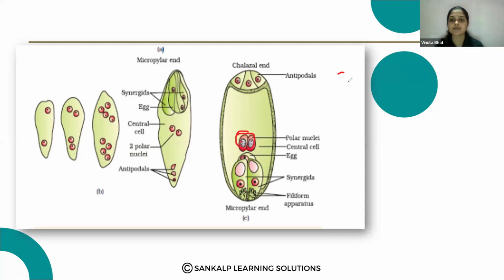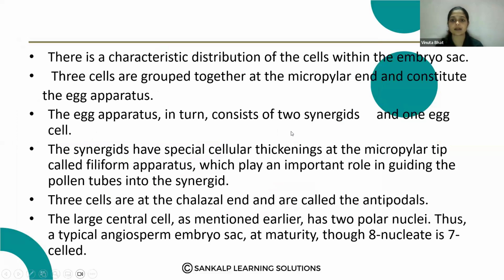So here at the chalazal end there are 3 antipodals, at the micropylar end the 3-celled egg apparatus, and the central cell. Totally it is called the 8-nucleate, 7-celled stage of the embryo sac.